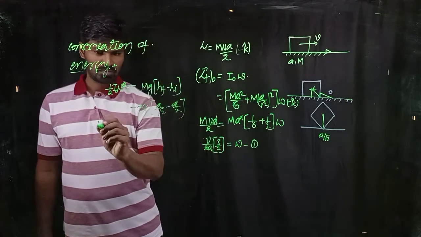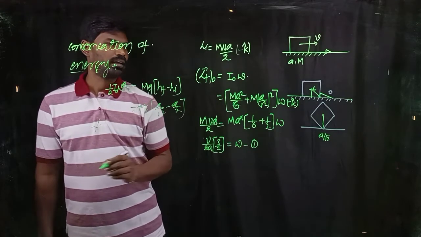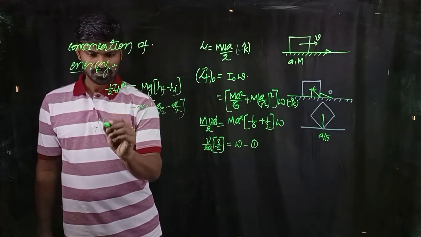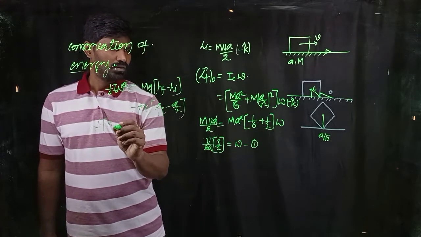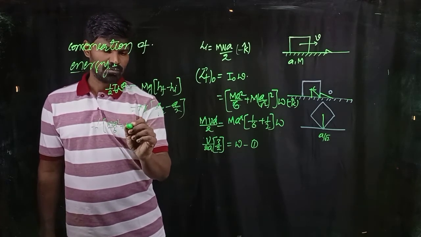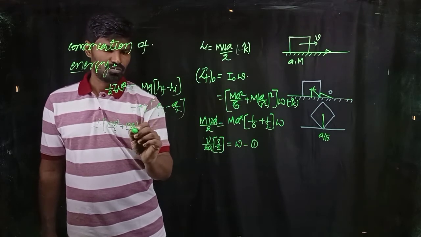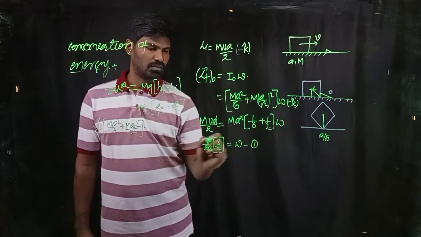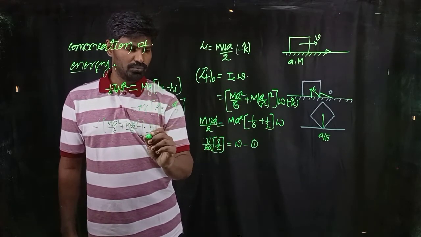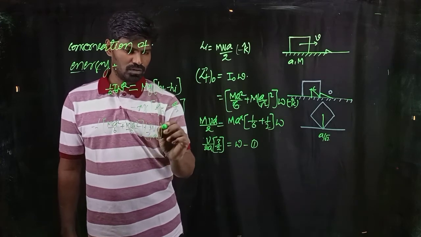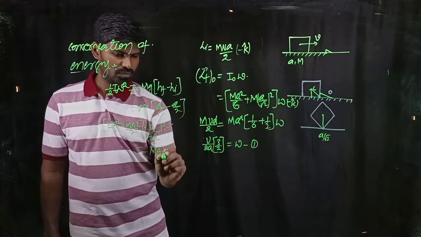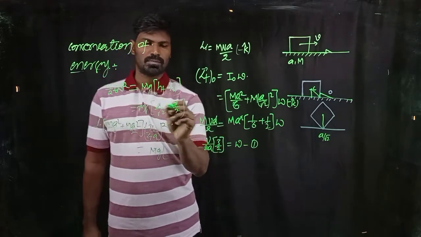Substitute here: 1 by 2 into I naught. What is I naught? Just now I calculated it here: m into a square divided by 6 plus m into a square divided by 2, into omega square, where omega is 3v divided by 4a, whole square, should be equal to mg into, okay, if we subtract this, how much will we get?